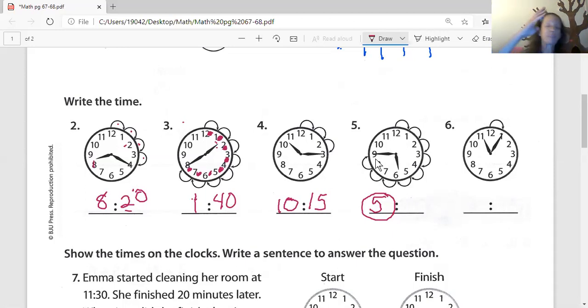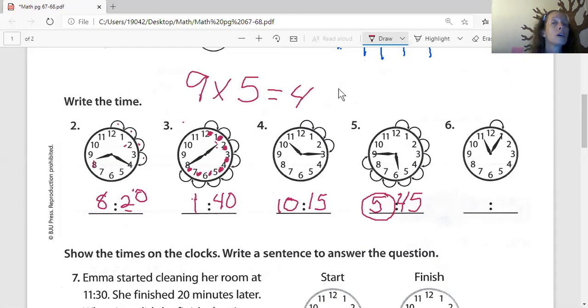No, I didn't get 50. I only got to 45. So the time is 5:45. And by the way, 9 times 5 is 45. So now you've done some multiplication. Okay?